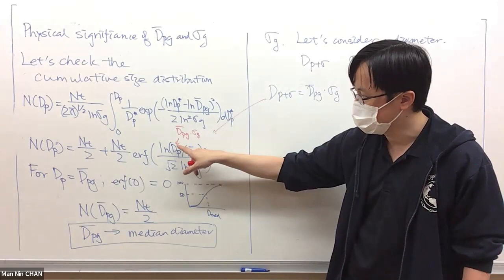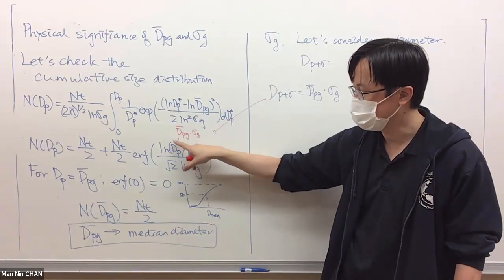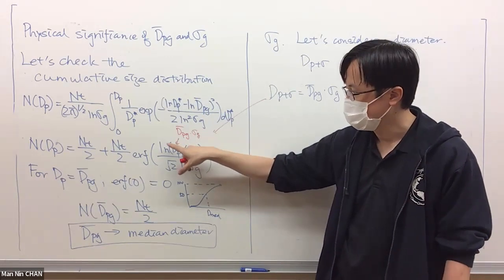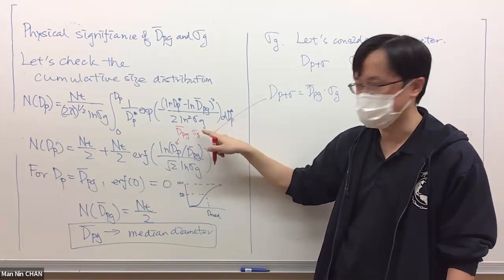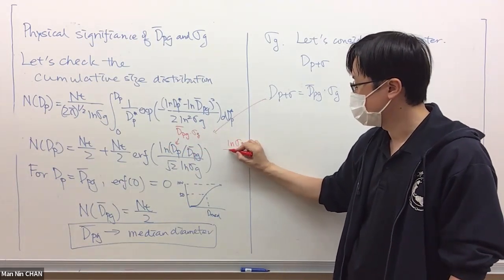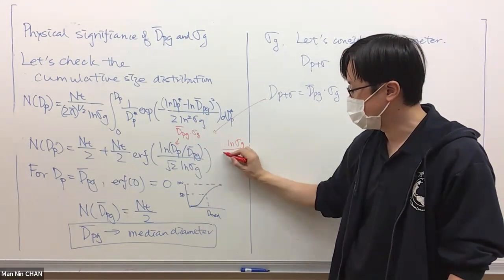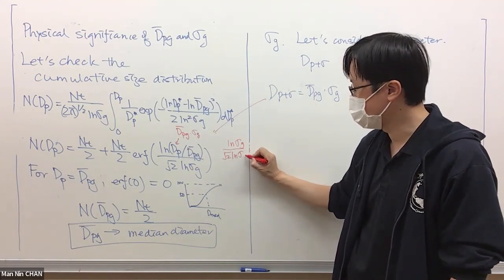If you substitute this, you will find that the median diameter cancels out, and you will have the natural log of sigma g on the top, divided by the square root of 2, and then you still have the natural log of sigma g.